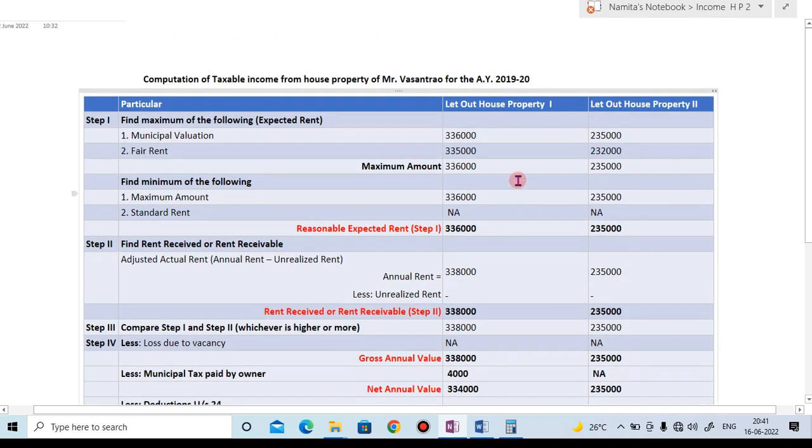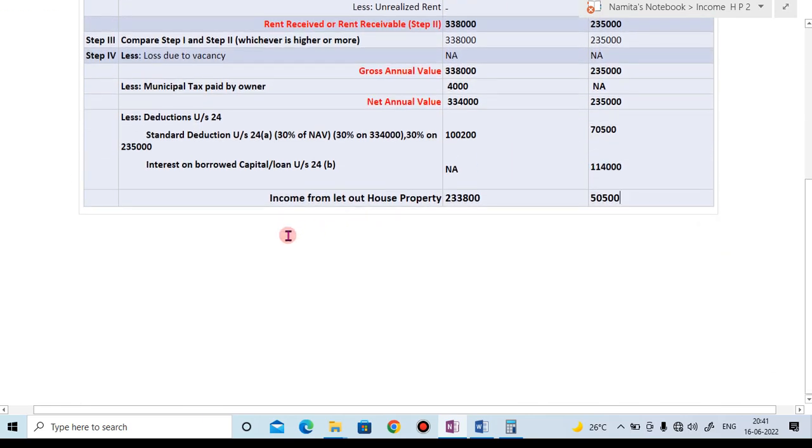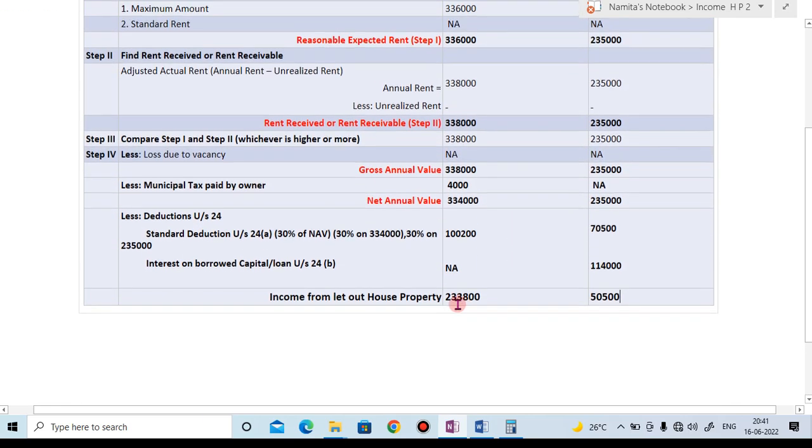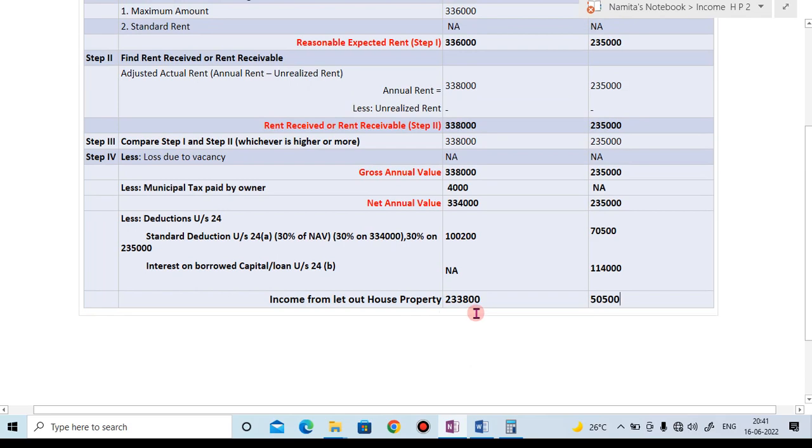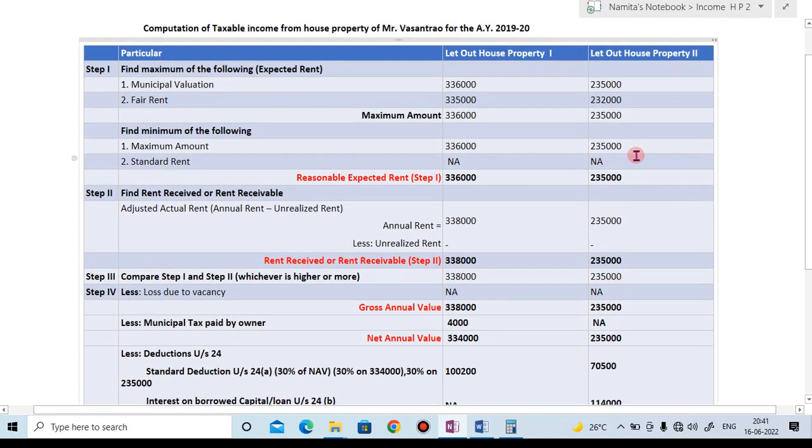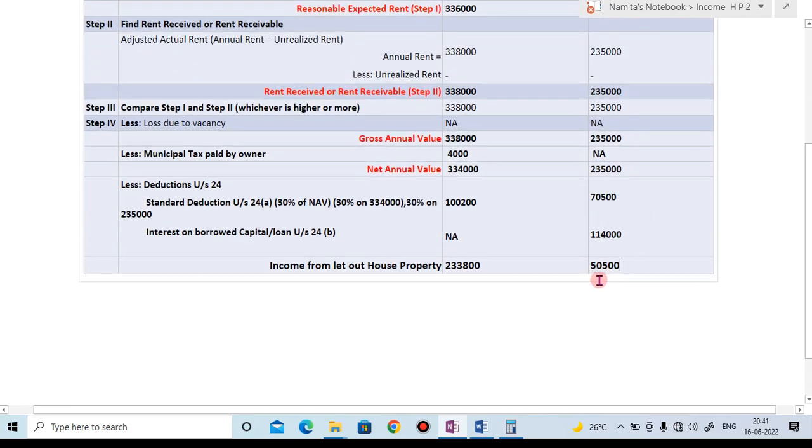Clear? So for house property number 1, income from house property is 2,33,800, and from house property 2, income from house property number 2 is 50,500.